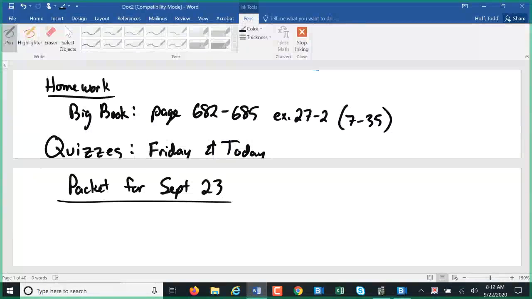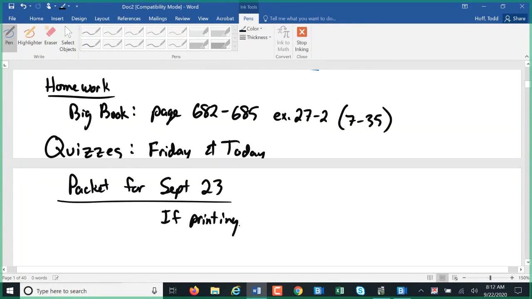There's a lot of pages in that packet that you don't necessarily need. If you are going to print it, for now at least, stop at page 177.